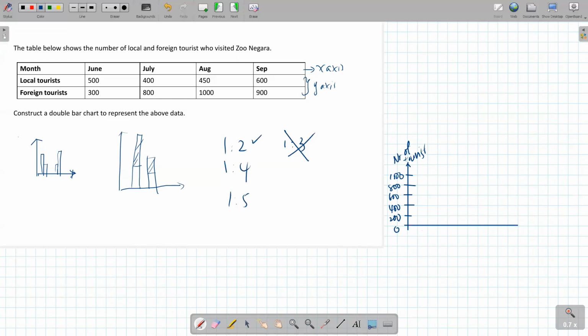So June, July, August. Okay, these are the months.